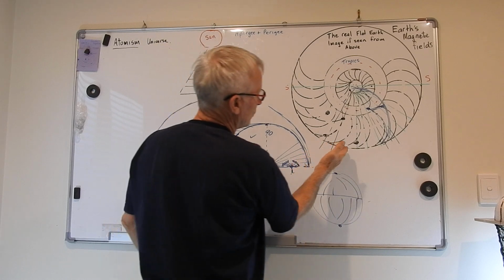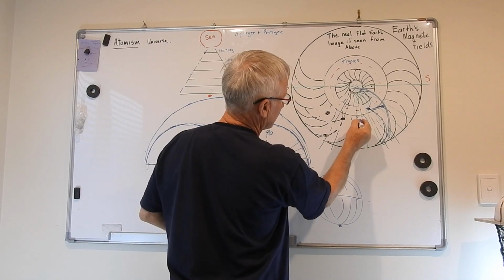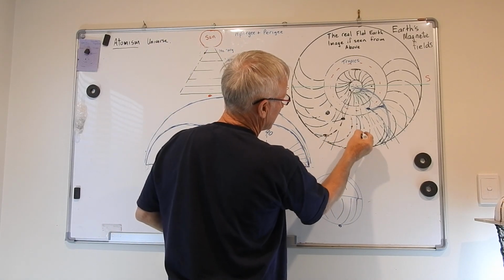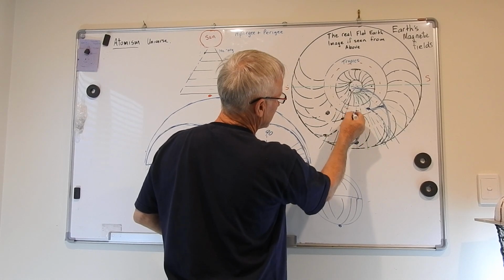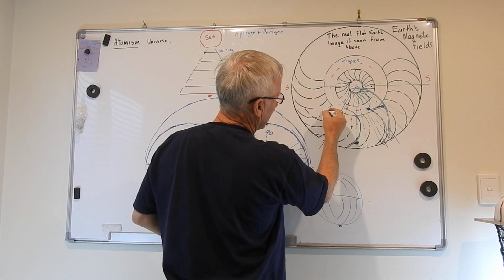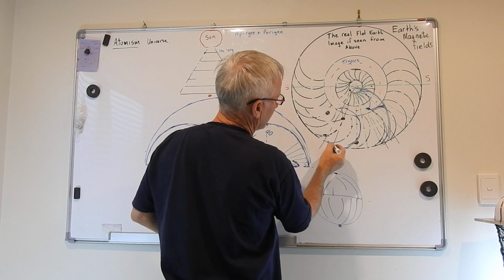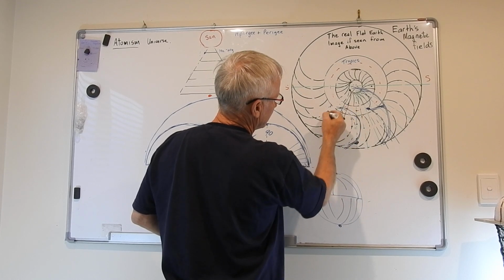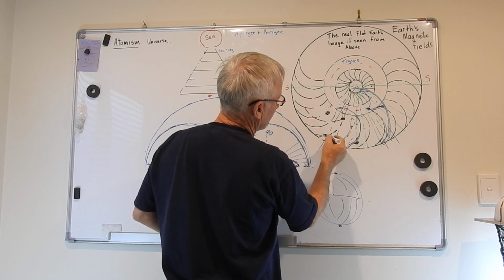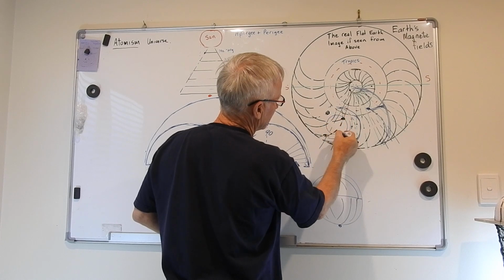But we've still got this, because that's the motion of the stars. That's the route the stars take. They go like this, and they disappear down here, but they're continuously coming in, disappear, coming in.